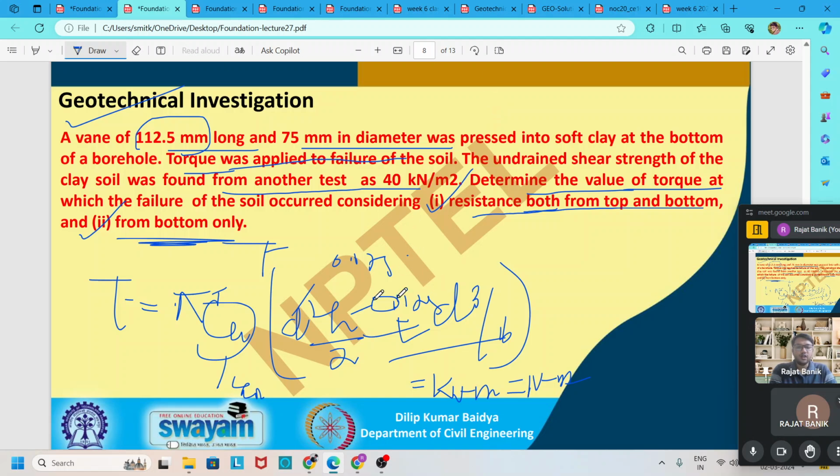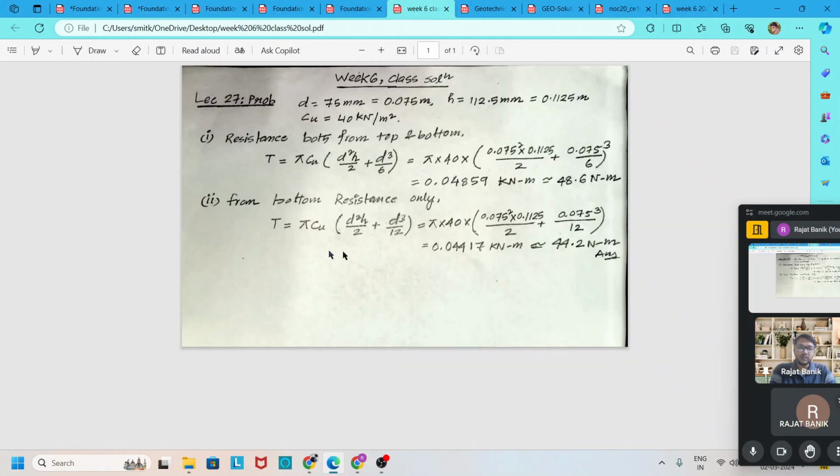And for case 2, where resistance is given by the bottom only, this d cube by 6 will become d cube by 12. So I also solved this question here. You can see that for resistance from both top and bottom, the torque will be 48.6 Newton meter.